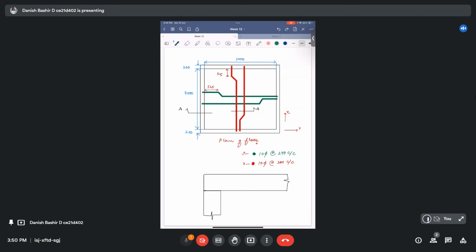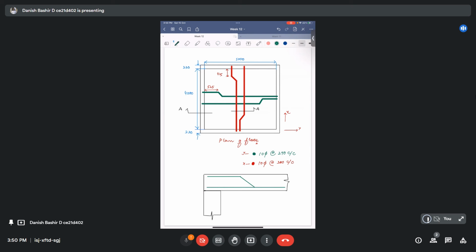We have provided green reinforcement center to center, and bent it from the face of the wall like this, okay?